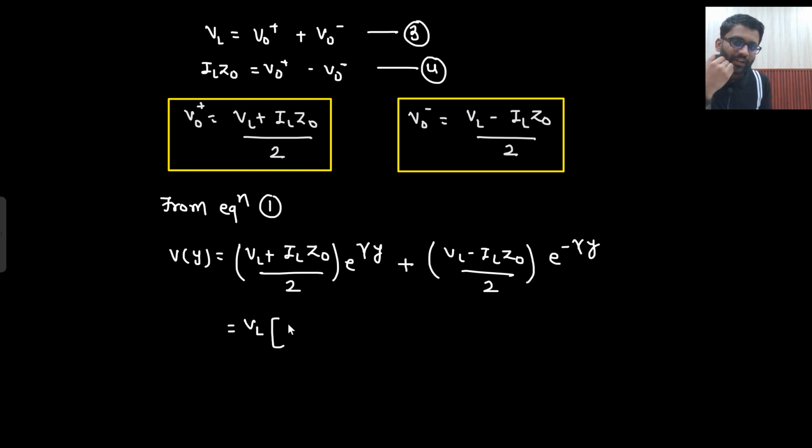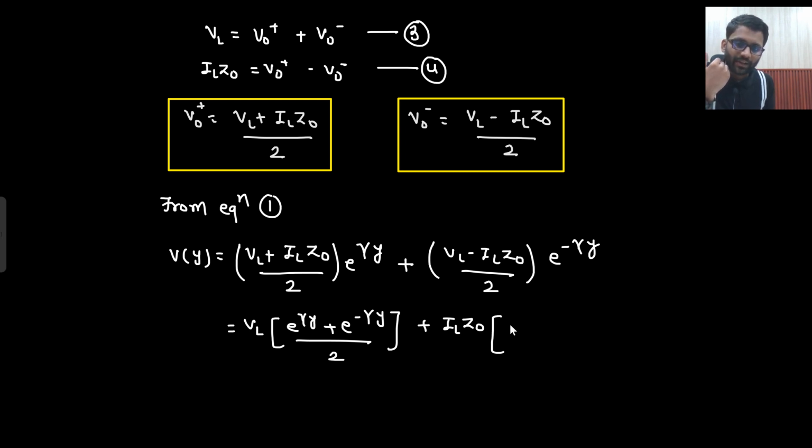Along with VL you are having e to the power gamma y plus e to the power minus gamma y divided by 2, plus IL Z naught, along with IL Z naught you are having e to the power gamma y minus e to the power minus gamma y divided by 2.